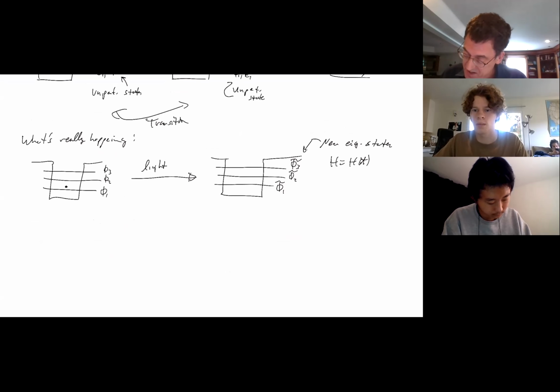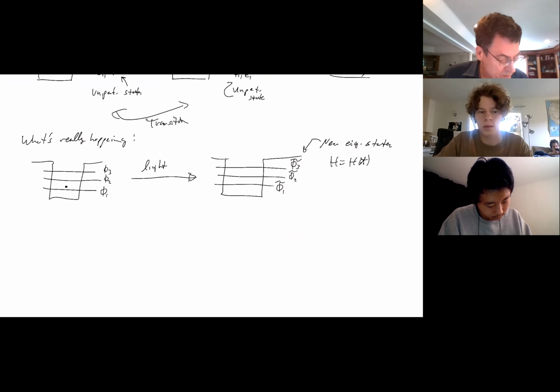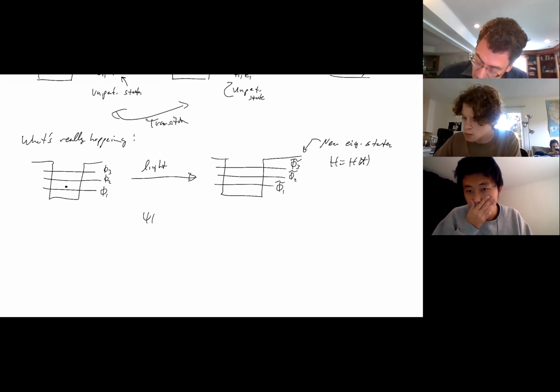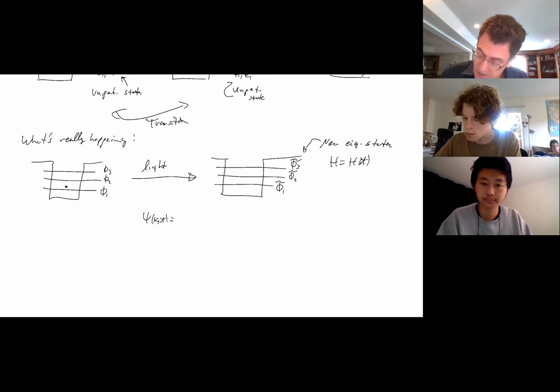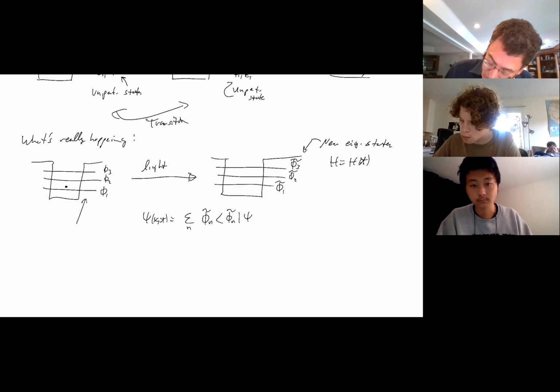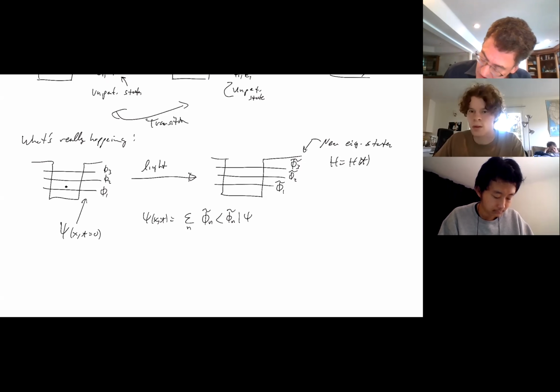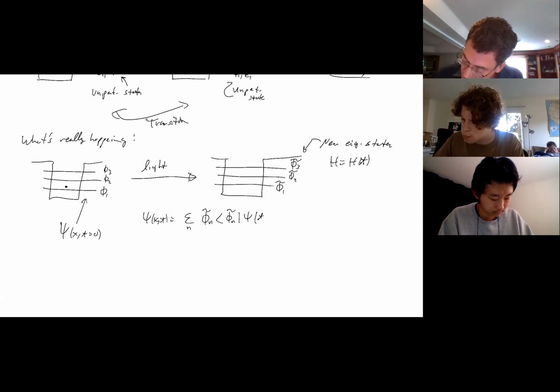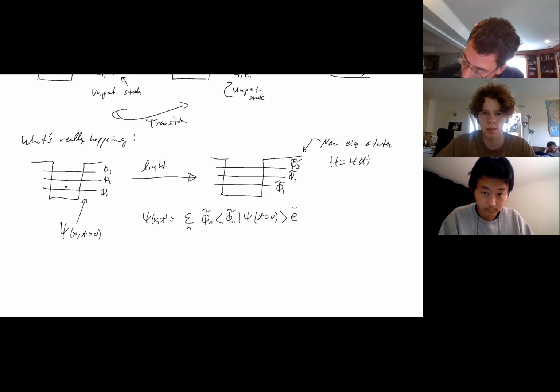And what's really happening is that you're making transitions. Your wave function can be written as some linear superposition of the new eigenstates, phi n twiddle, and you have your original eigenstate here, which is psi at x, t equals 0. And so you have to overlap that onto the new eigenstates, and they are evolving in time according to their new energies.